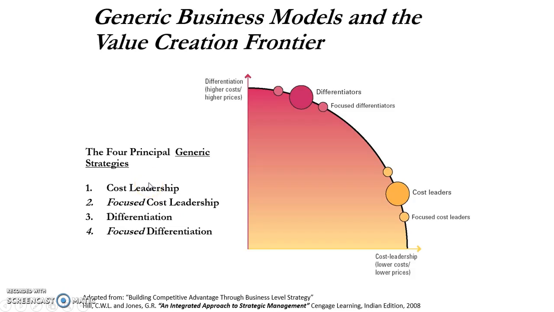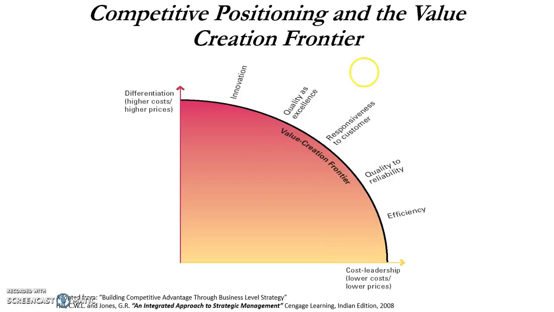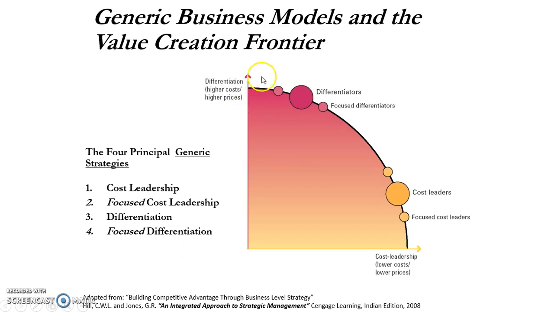On the other side of the curve, where we are talking about high cost, high value products, we have differentiators, which basically cater to quality and innovation, and they are providing premium products.